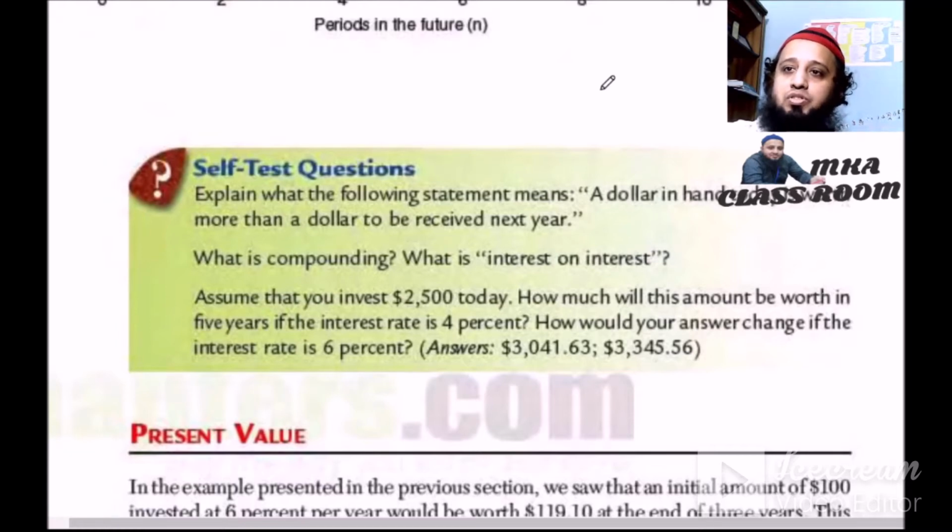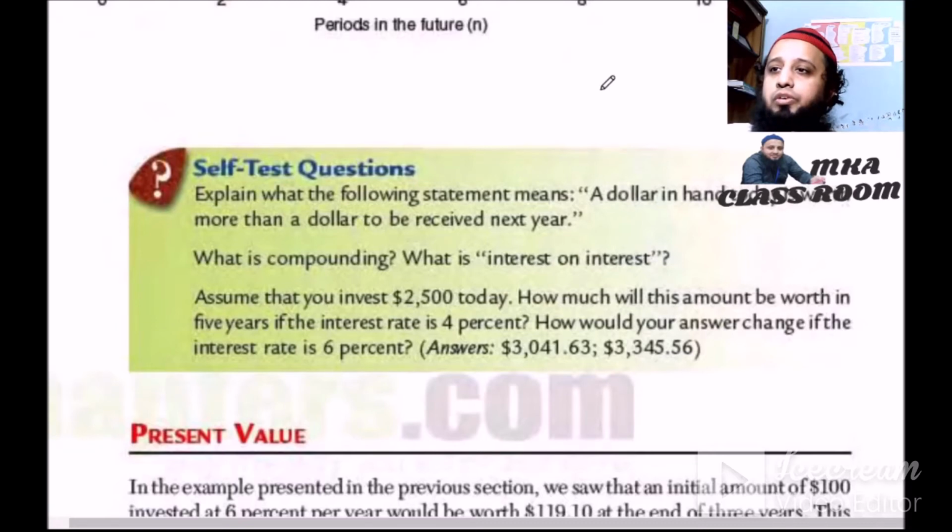Assume that you invest 2,500 taka today. How much will this amount be worth in 5 years if the interest rate is 4%?